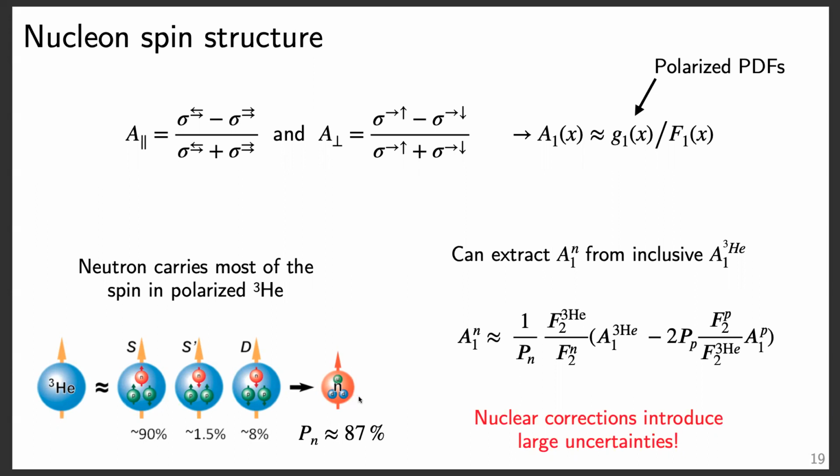And so, historically, what's been done is you essentially measure the double spin asymmetry of helium-3, and then using that, you subtract off the effects of the proton to isolate the neutron A1n. The issue here, though, is the same thing that happens with F2n over F2p, that this is a very model-dependent correction. And so you end up having very large uncertainties from this model dependence.